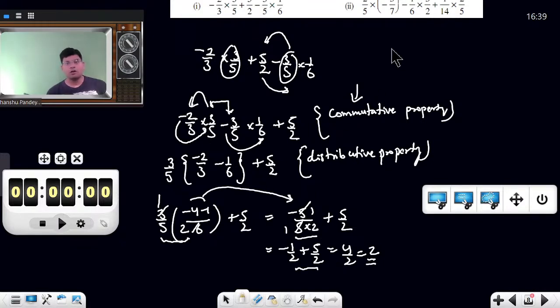Come on. 2 into minus 4 plus 4 into 7. Will you solve this first or will you solve multiplication first? What gets solved first? Multiplication. Then BODMAS is studied, right?